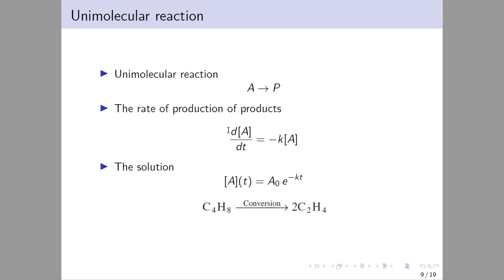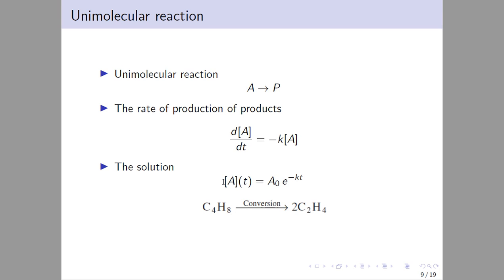If we solve this first order differential equation, the solution is A(t) equals A naught, the initial value of A, times exponential of minus kt.